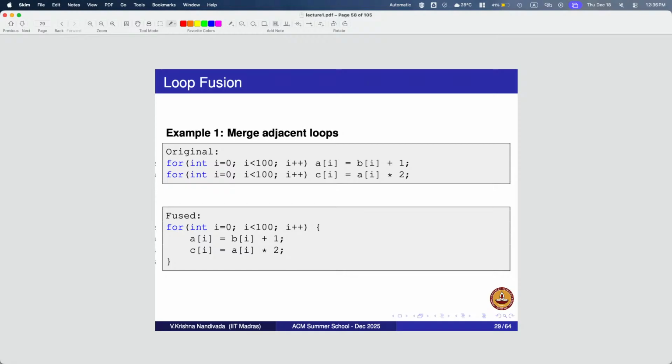How many branches are here? 100 plus 1, the last one. Here 100 plus 1. Here I have 100 plus 1. How many increments do I have? 100, 100, 200 increments. Here how many increments? 100, not 1. 100.